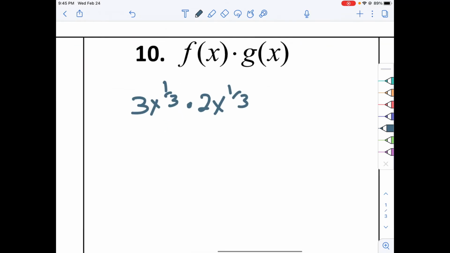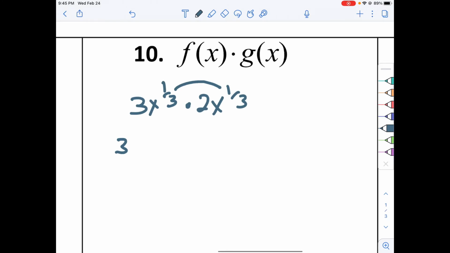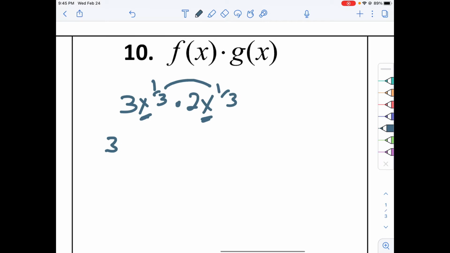So what's happening here? Again, it might be easier to write these as their cube roots, since sometimes cube roots are easier to use than fractions. Or you can just remember that when you multiply the same base, their exponents get added. So we have 3 times 2 in the front, and x to the 1/3 plus 1/3.